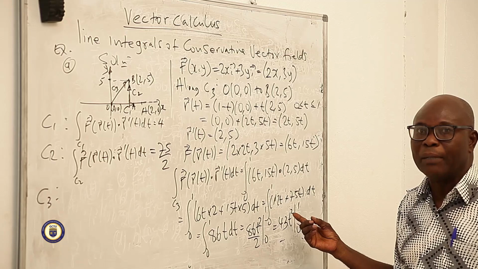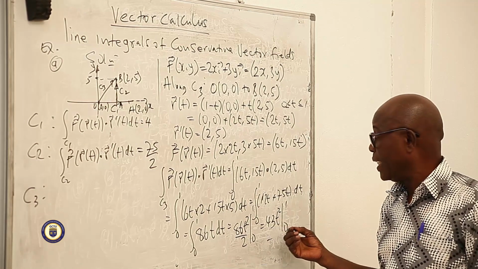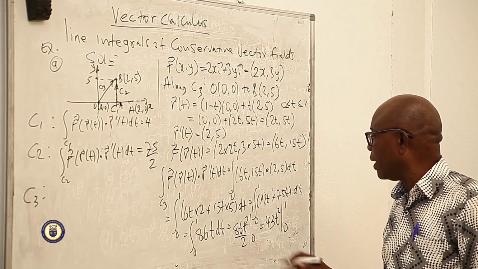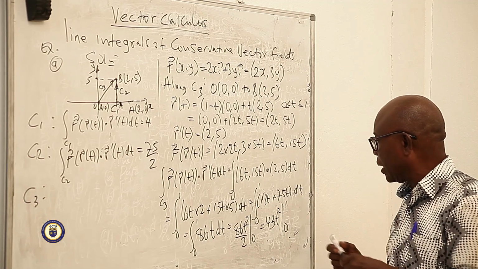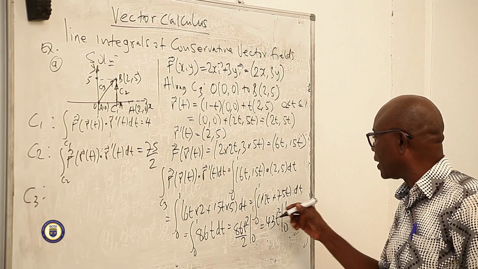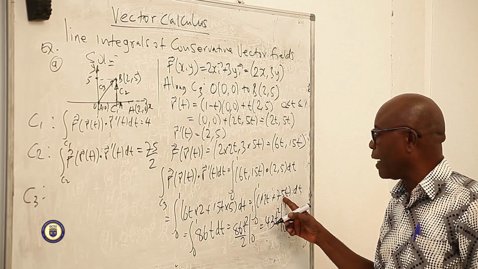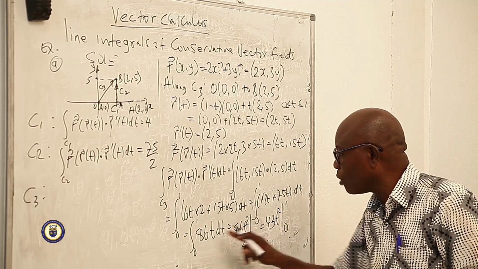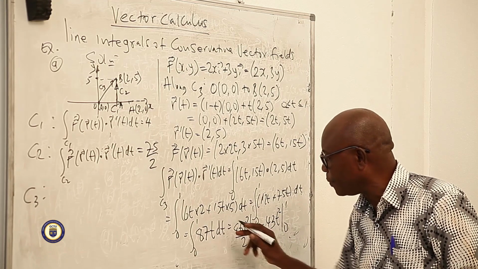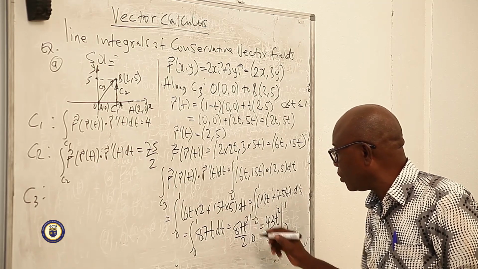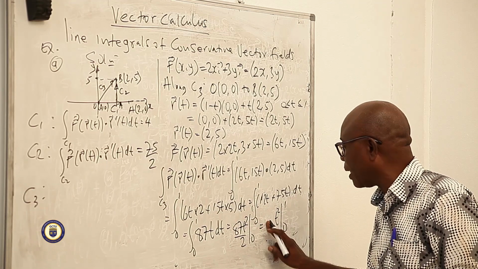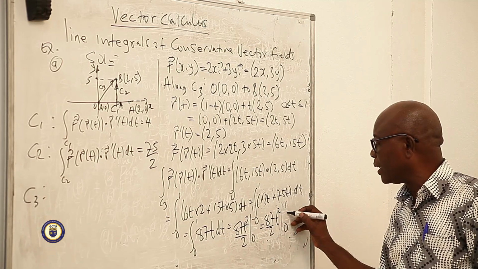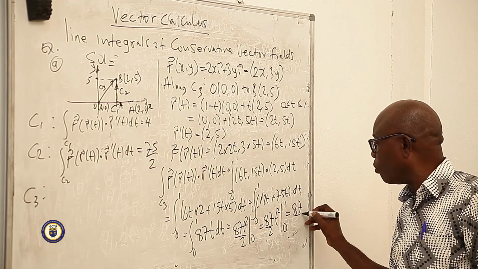If you put the upper limit, which is 1, then t squared is 1, so we're going to get 87 over 2.